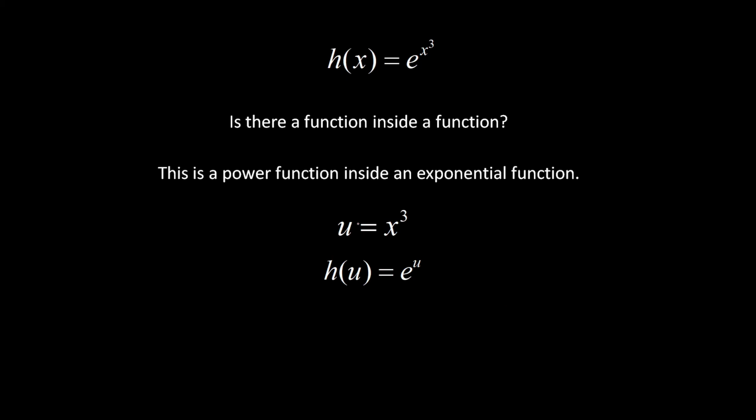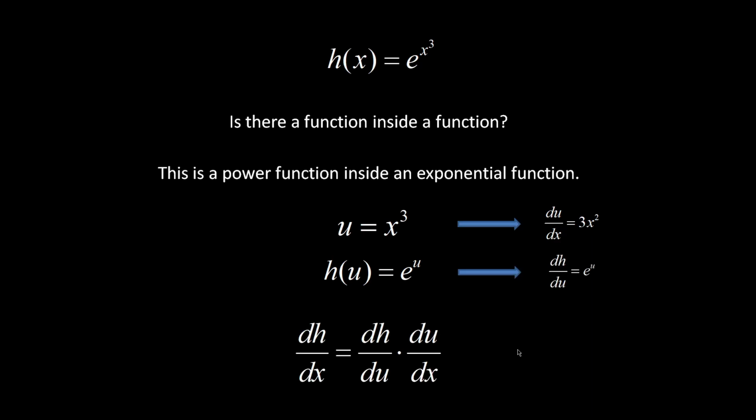However, doing this change of letters means we have to use the chain rule. So the derivative of u with respect to x is 3x squared. That's our power pattern derivative. And the derivative of h with respect to u is our exponential derivative. It's e to the u.